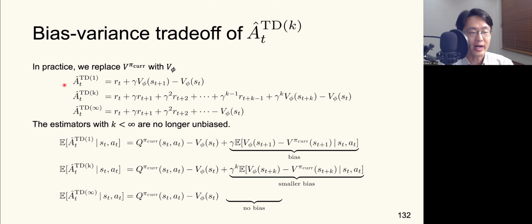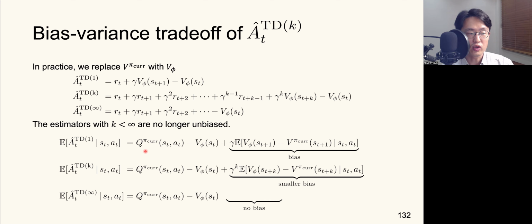If you consider the conditional expectation of the TD estimator, you can show that you have the true Q function minus the baseline function, but the baseline is not the true value function, it is the value network. But that's okay because in the policy gradient derivation, the baseline function doesn't actually contribute to the expectation. It only contributes to the variance.